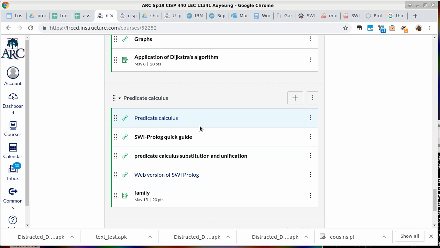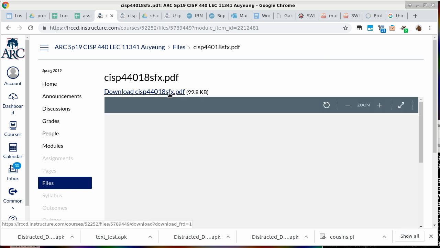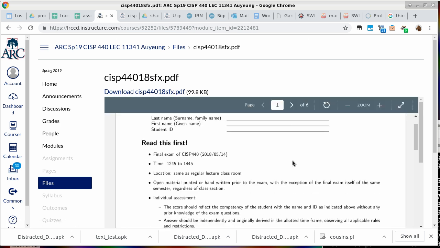The one from spring 2018, which is 2 semesters ago, is already here, and I think it's this one. Let me just double check. Take a quick peek at it. Yep. So this is from last year, and this is without the smoke effect. So you can work on this one, and then we can talk about it on Wednesday.